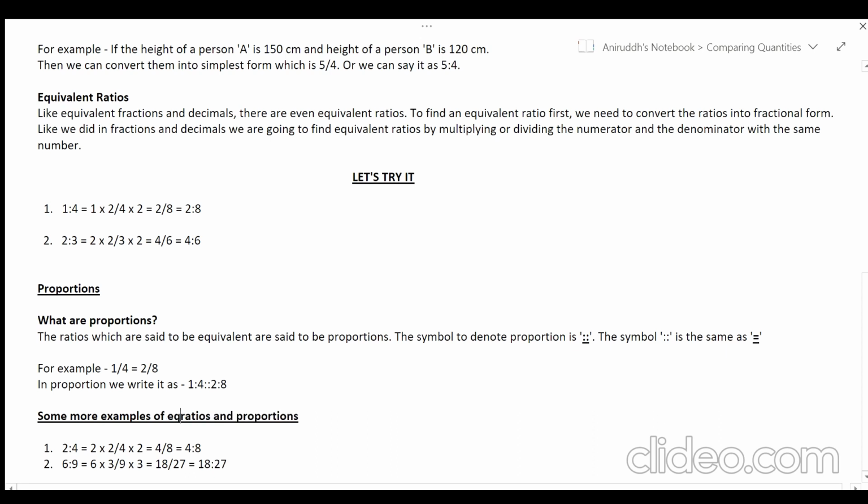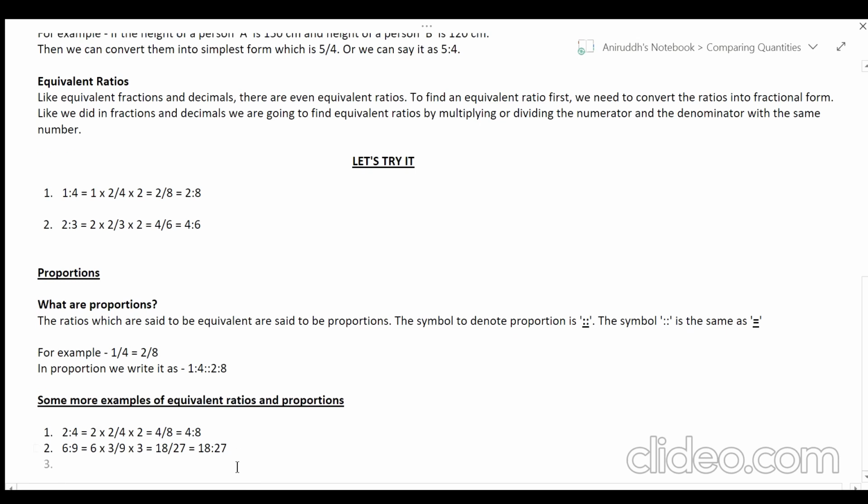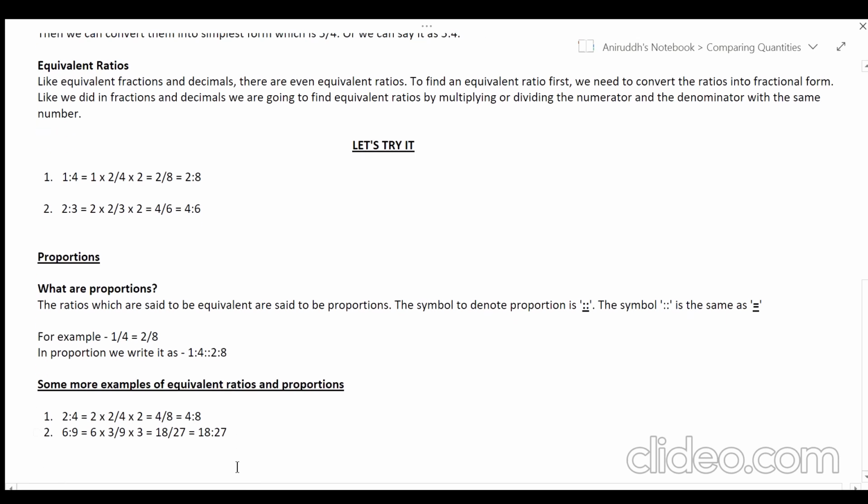Some more examples of equivalent ratios. Now we'll check with proportions. As we saw here, 6 is to 9 and 18 is to 27 are equal. 6 is to 9 is equal to 18 is to 27.